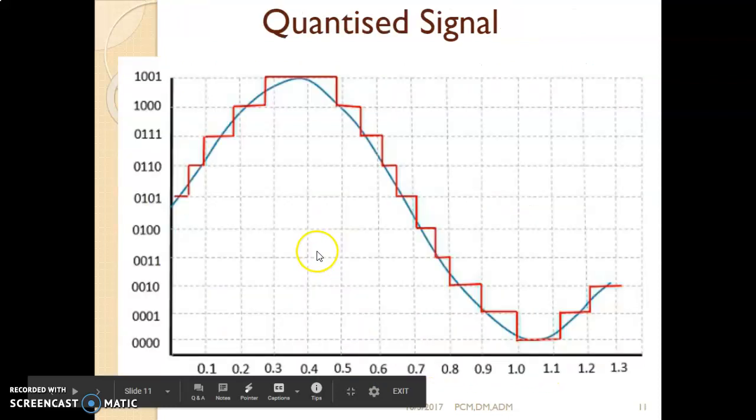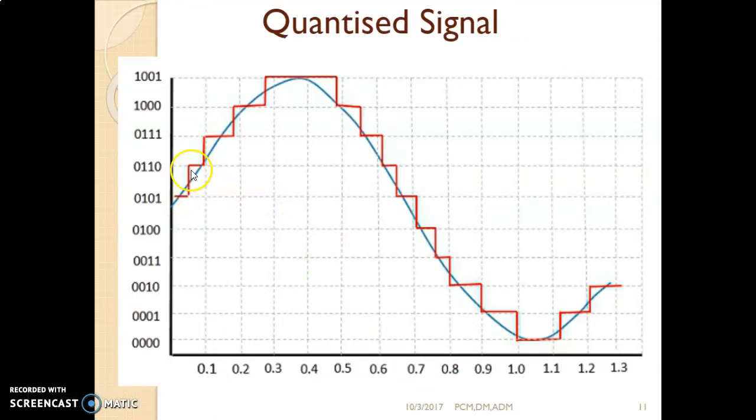If the step size is smaller, you will have more quantized levels, and therefore the reproduction of the signal will be easy. If your step size is larger, the magnitude is very large and the resolution is very poor, and in that case the recovery of the original signal becomes difficult.